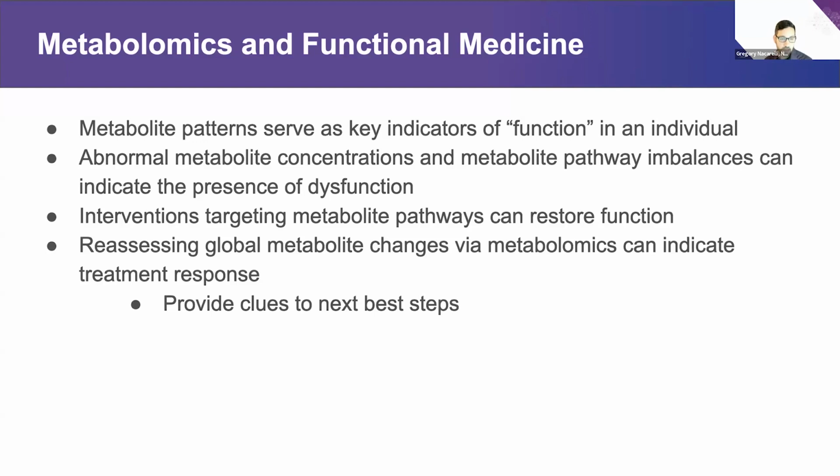And then most importantly, we could then look at global metabolite changes via metabolomics to see, okay, based on this imbalance that we're now addressing, did it correct the pathway dysfunction? And by doing this, it could give us clues into what are the next best steps or the next best interventions in order to continually try to restore function to the individual.